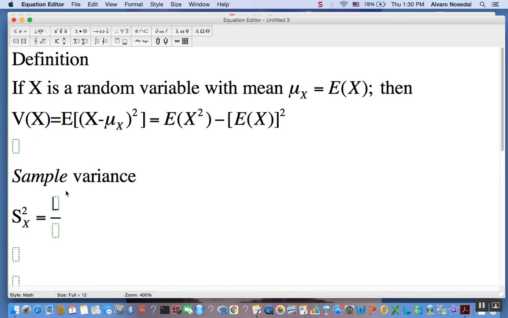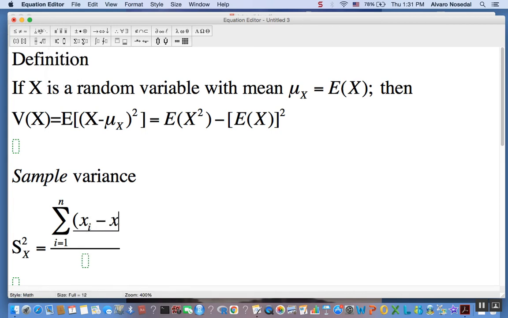That would be our sample variance, or the estimator for the variance.